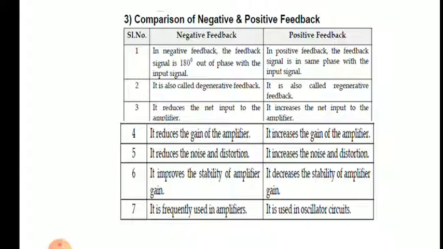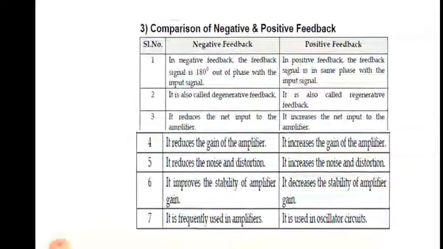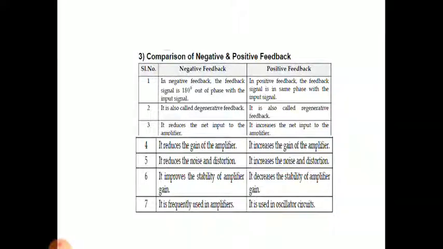So these are the summary points of negative and positive feedback. Overall, which one is good? Though it reduces the gain by some proportion and introduces an out of phase signal in the input, negative feedback is the best in applications.